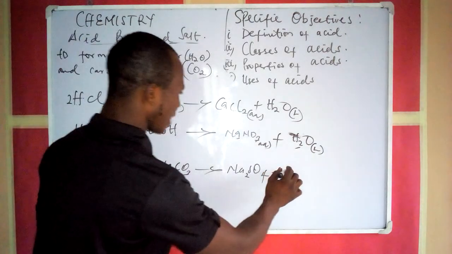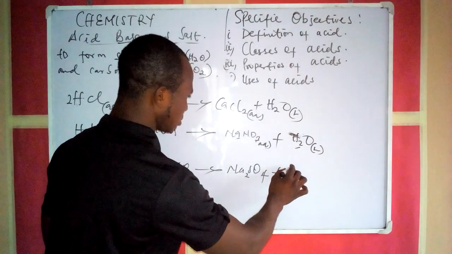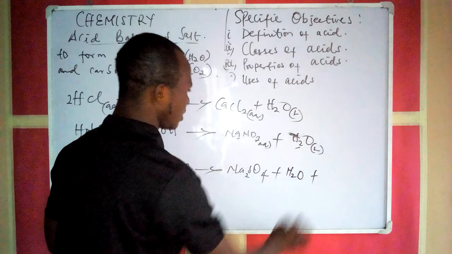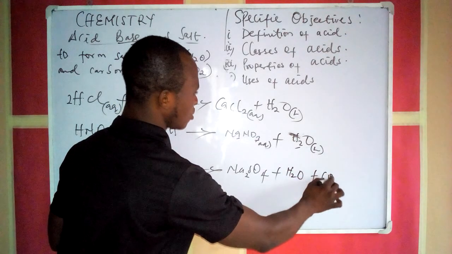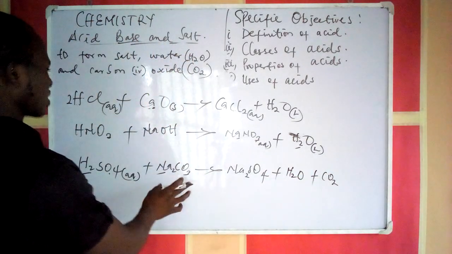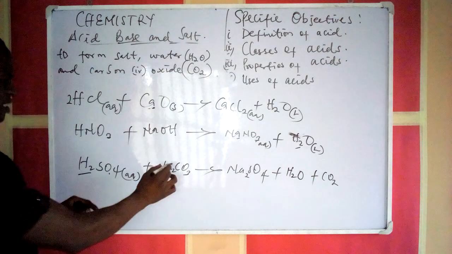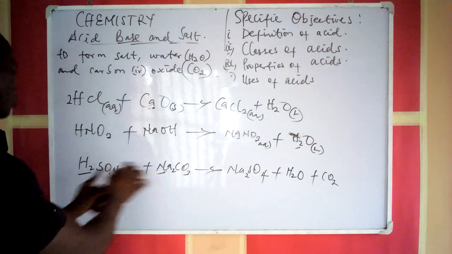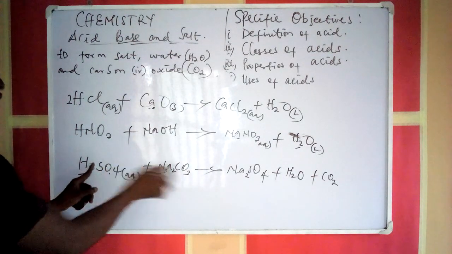Which means I'm left with what? Water. Then the remaining one is what? Carbon dioxide. If you look at it critically, you discover that once I remove this and put it in place of this here, I'll form this.